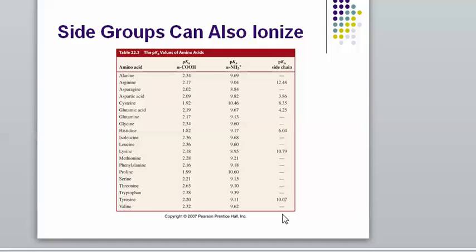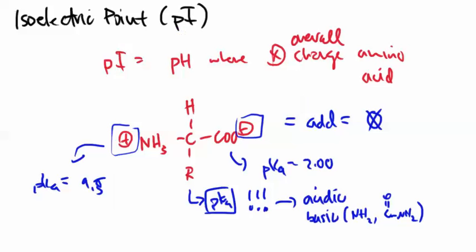So how do I calculate the PI, and what purpose is it for me to calculate a PI? You know, what's the big deal here? Well, to calculate the PI value, again, we want the pH where this amino acid will have a neutral charge. That is what we are after.